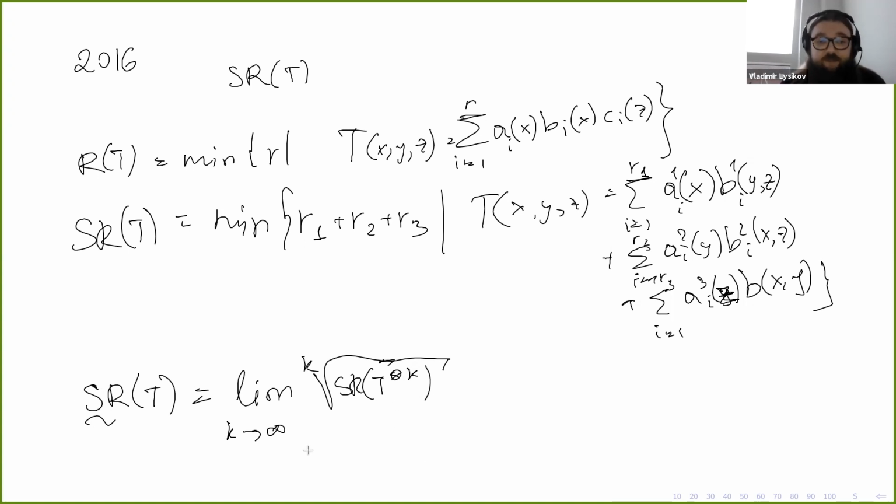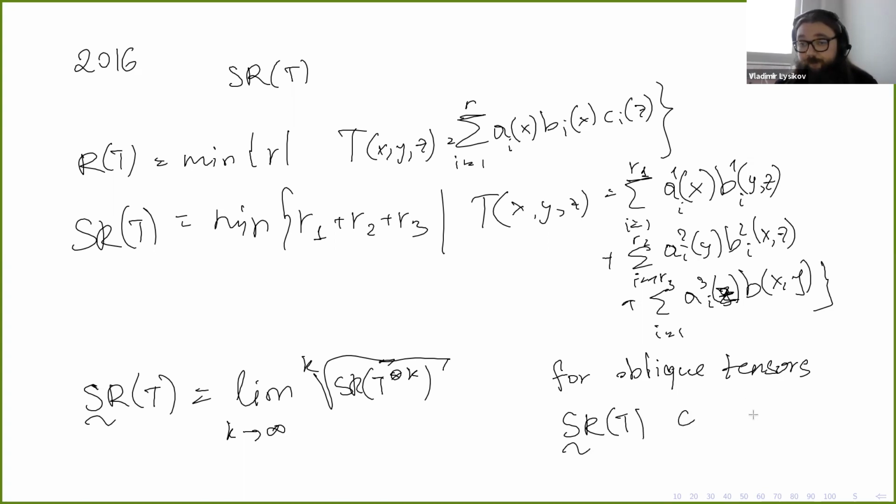And these functions actually can be computed, again, for some class of tensors. So for oblique tensors, this asymptotic slice rank of T can be computed in the following way.